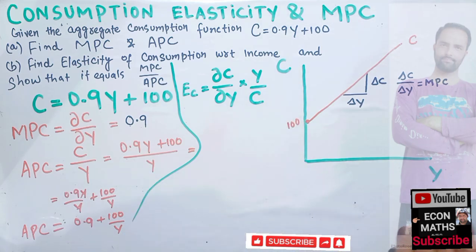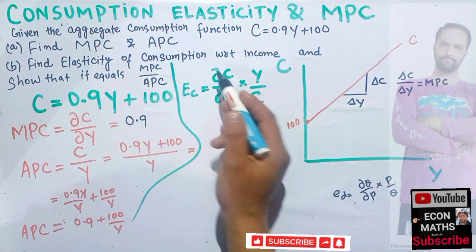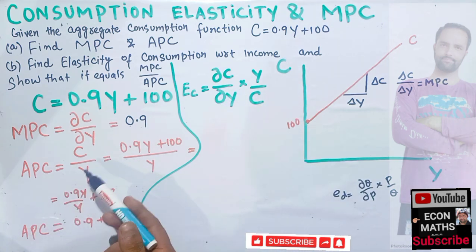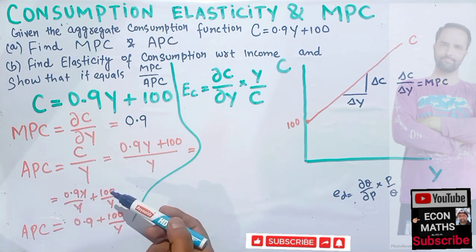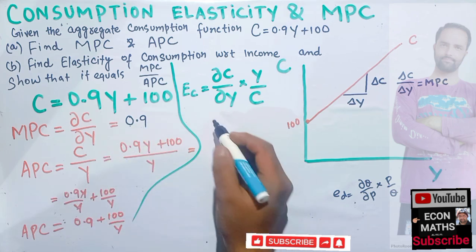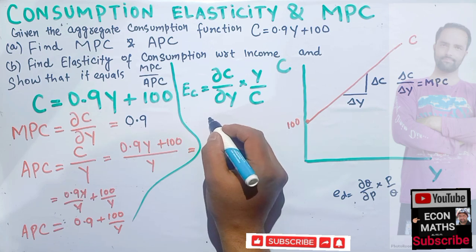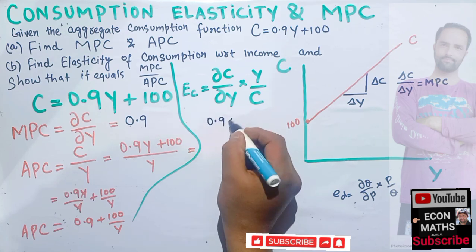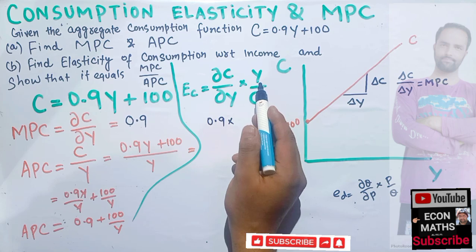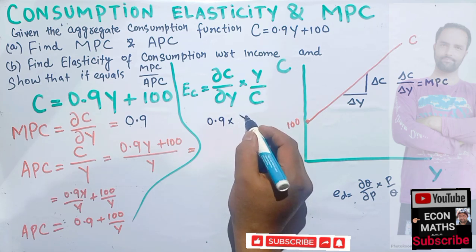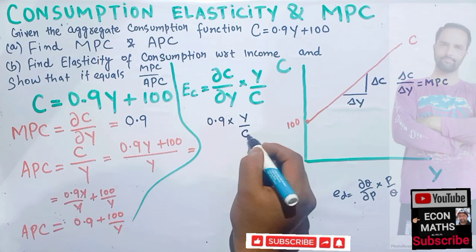The logic is the same as in price elasticity of demand, which is equal to the change in quantity with respect to change in price, into P upon Q. Same logic is here. So del C upon del Y, which we calculated here, came out to be 0.9, into Y upon C.